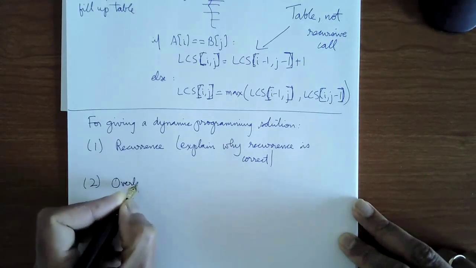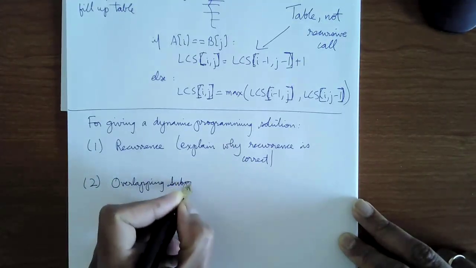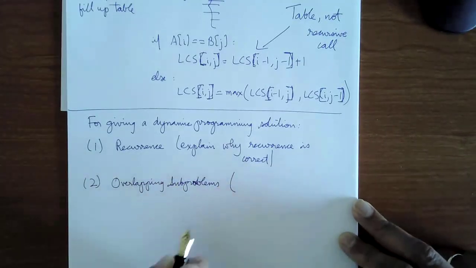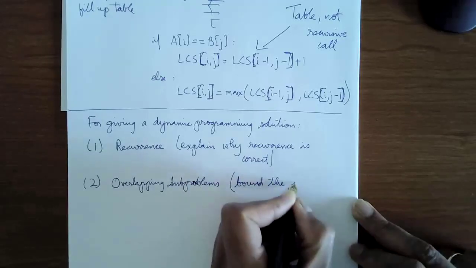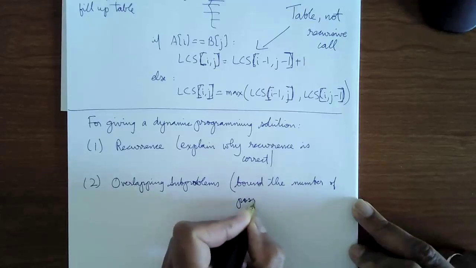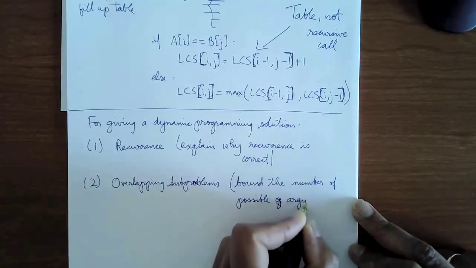Then you explain overlapping subproblems, which is just where you bound the number of possible arguments.